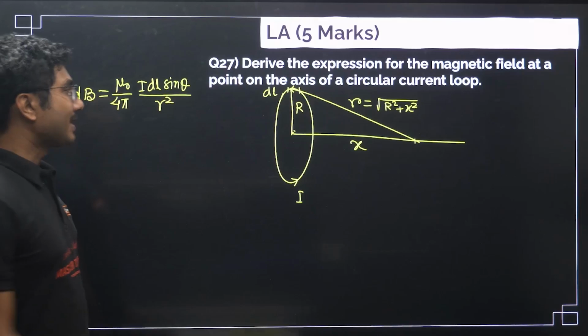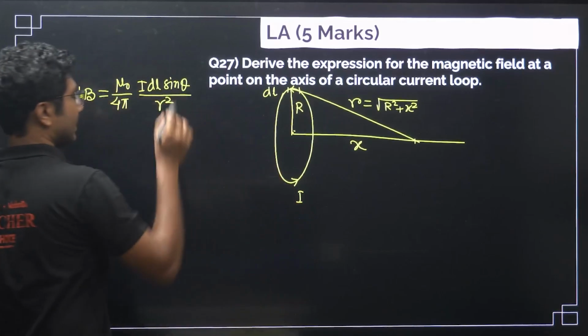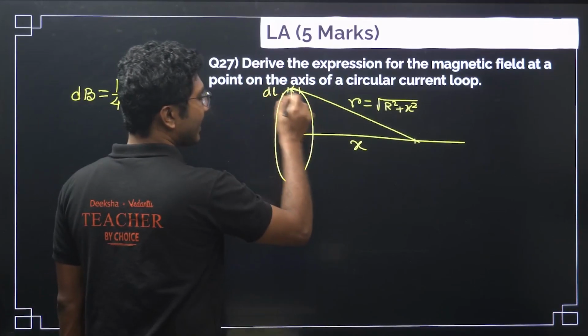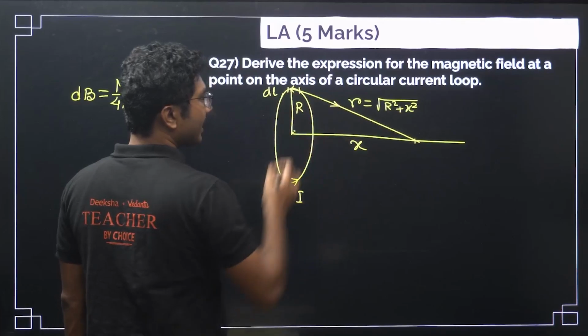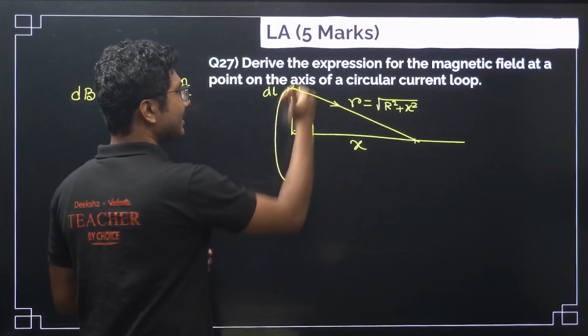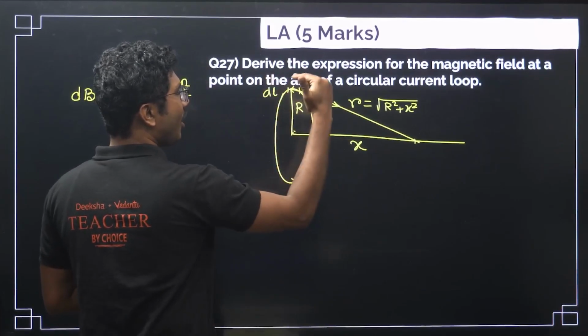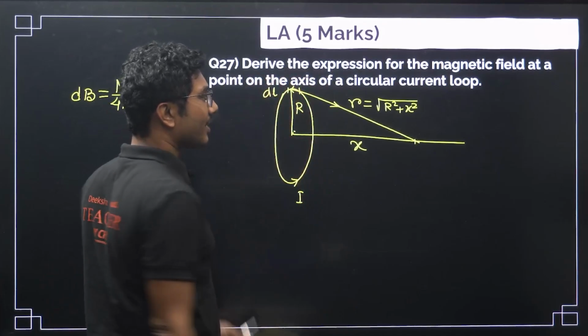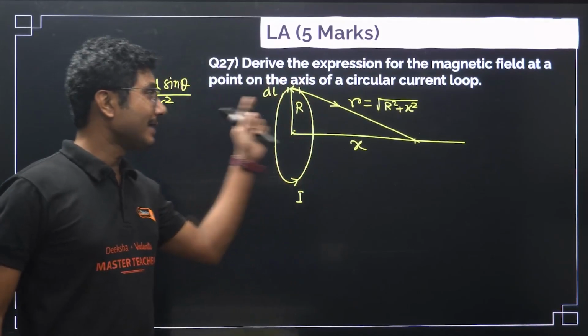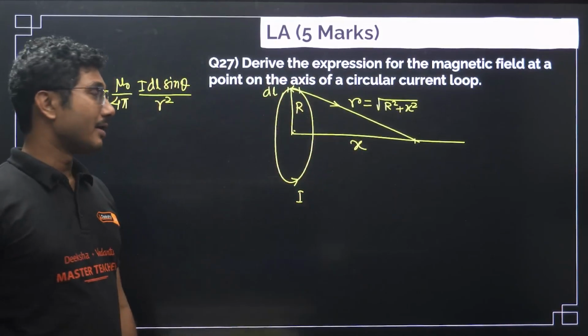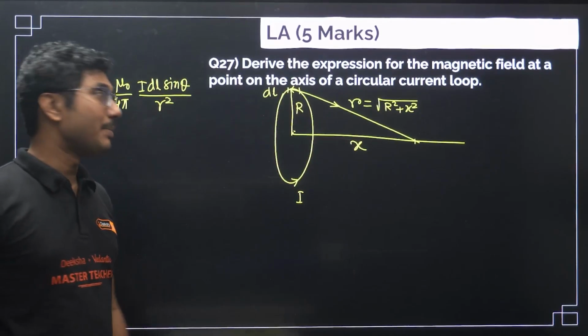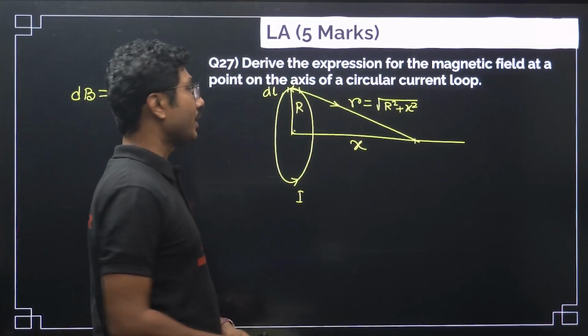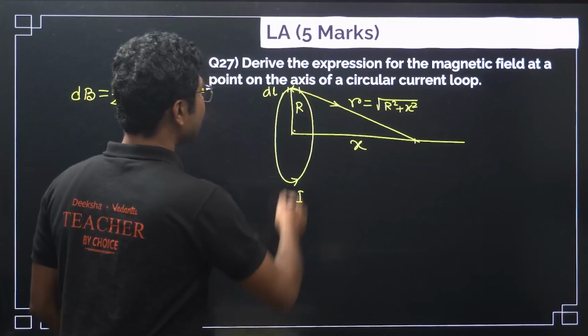Now, what is the angle theta here? The current element is in the tangential direction, so it is perpendicular to the direction vector.